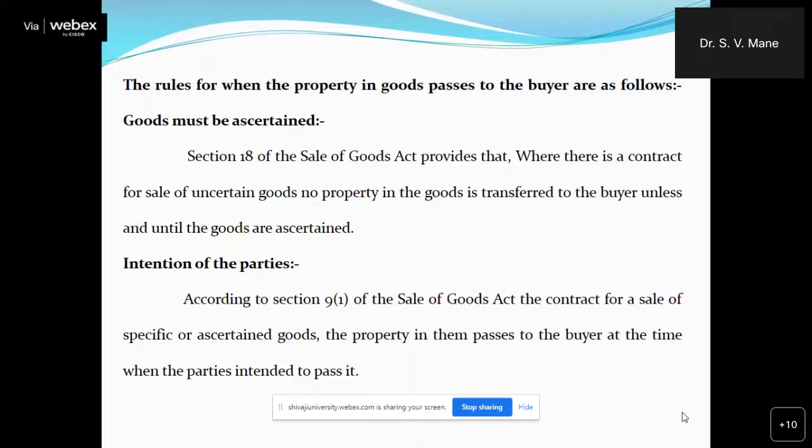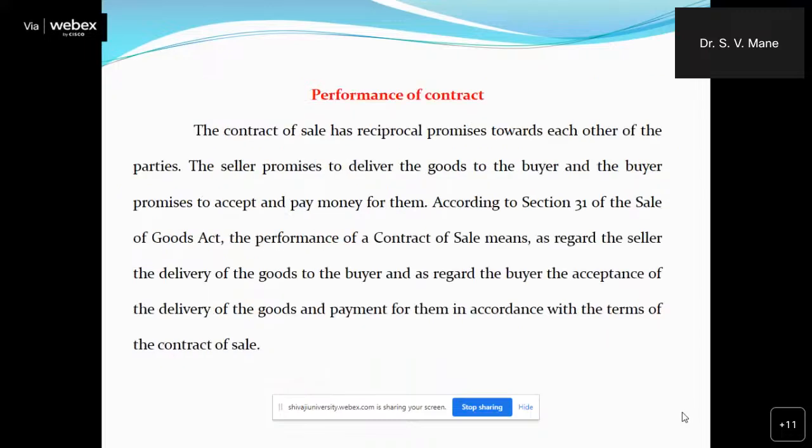The second one is the intention of the parties. According to Section 19 subsection 1 of the Sale of Goods Act 1930, in a contract for the sale of specific or ascertained goods, the property in them passes to the buyer at the time when the parties intend it to pass.